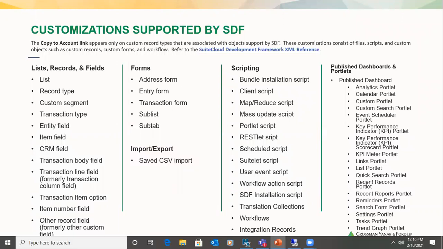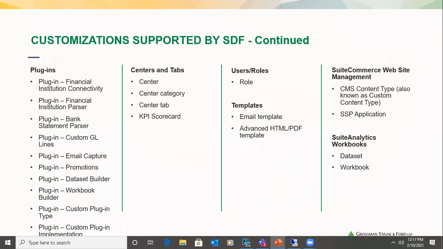I don't believe it is supported by the copy to account feature just because it is specific imported data records. That's a great question. There are a lot of other features that are supported, but budgets would not be one that this feature would work on. Okay, thank you.